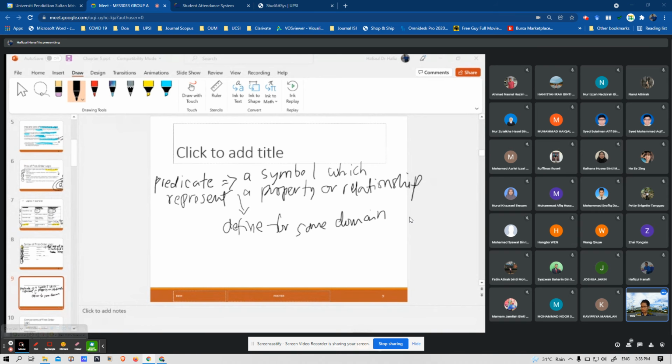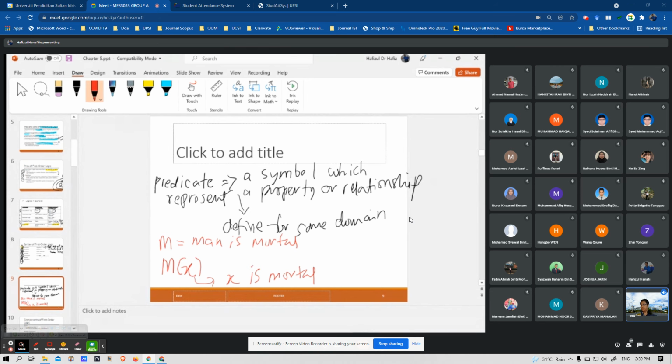Okay, for example, M is equal to "man is mortal," and then you can write M(x), whereby x is the variable.